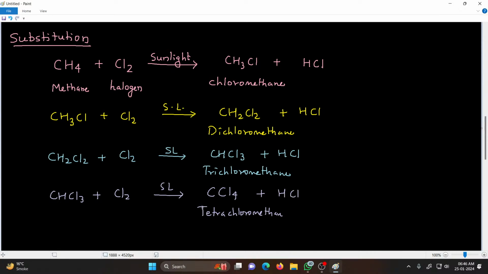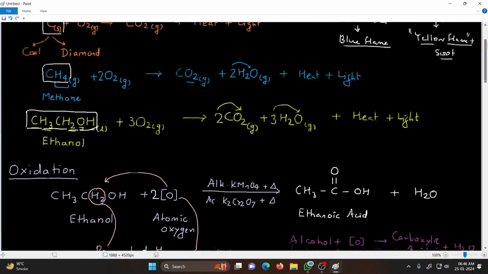So this reaction takes place step by step, and one by one all the hydrogens are replaced by halogen, in this case chlorine. So these were the reactions of carbon compounds.